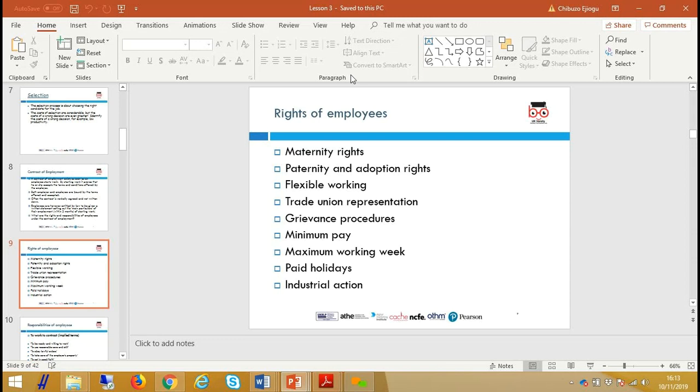The thing also with a situation where a country has mandated it is that the company can also decide to go above the mandate. It cannot go below the mandate, but it can go above the mandate. So, for instance, where the minimum wage is fixed at £8 per hour, the company can voluntarily decide to say our minimum wage in this company will be £10 per hour.